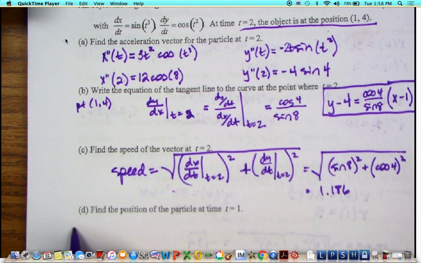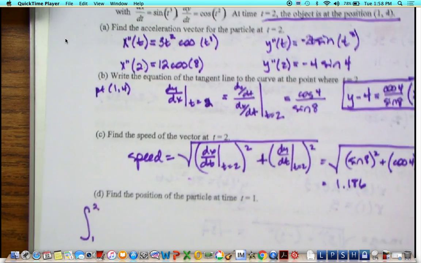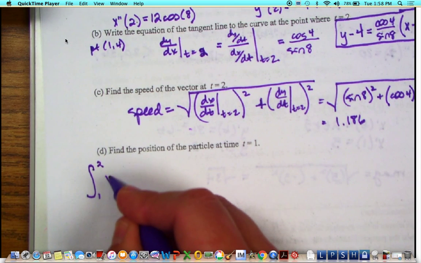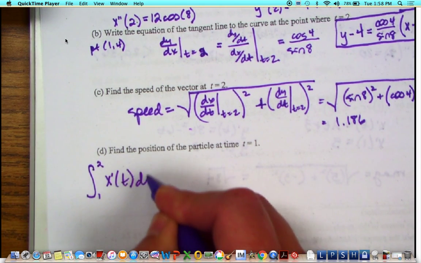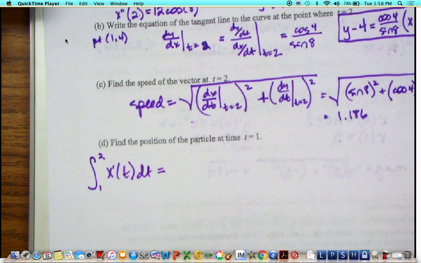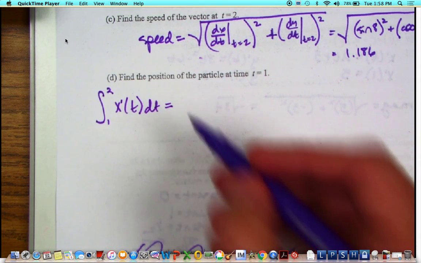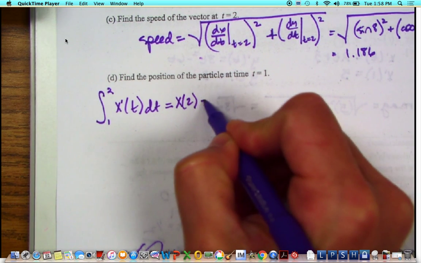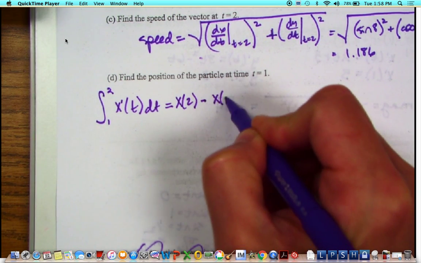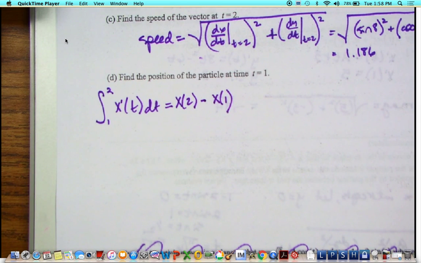If you integrate from 1 to 2 x prime of t dt, by definition, what will that equal? X of 2 minus x of 1, right?